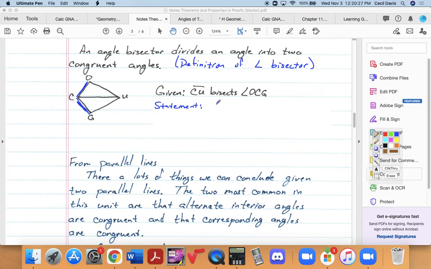What are the two halves? Angle OCU. Yep. Angle OCU is congruent to angle GCU. Those two angles are going to have to be congruent. My reason is the definition of angle bisector.